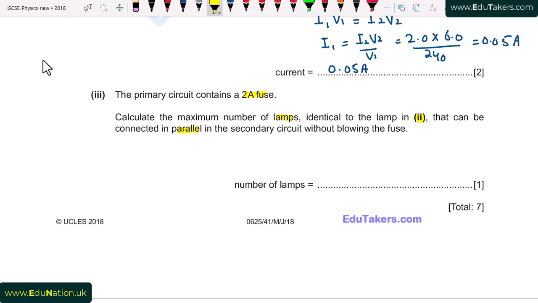It will be equal to, here 2 ampere fuse, I write 2 divided by the total current that is passing, which is 0.05. So the total number of lamps comes to be 40. I write n is equal to 40, so the number of lamps is 40 lamps.